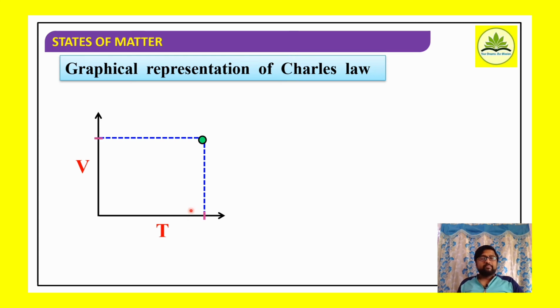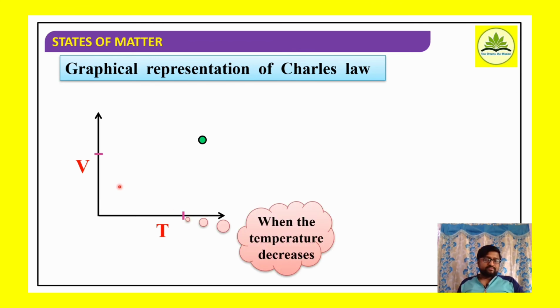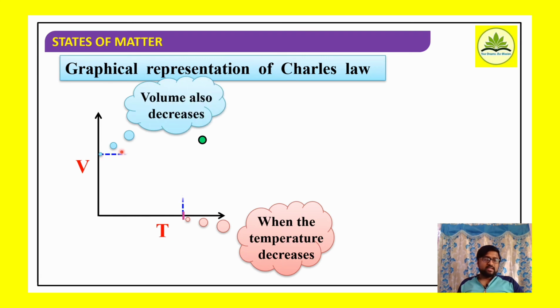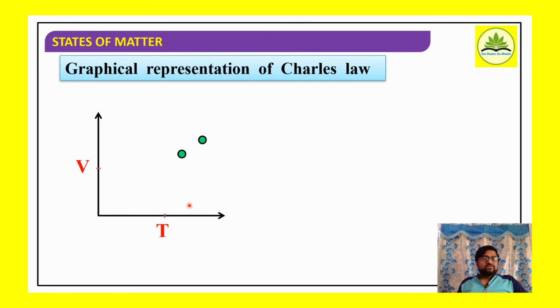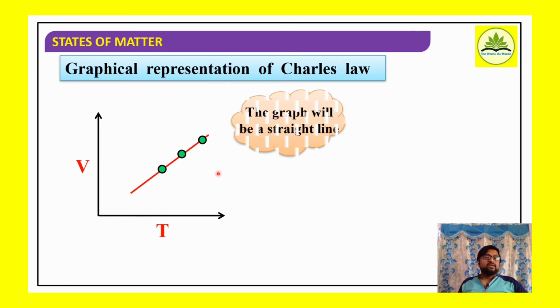So at high temperature, the volume of a given gas will be high. Now when the temperature falls, what happens? The volume of a given mass also decreases. So when the temperature decreases, the corresponding volume of a gas also goes on decreasing.